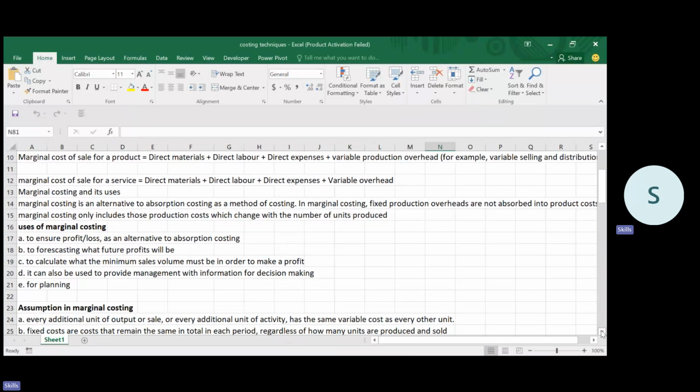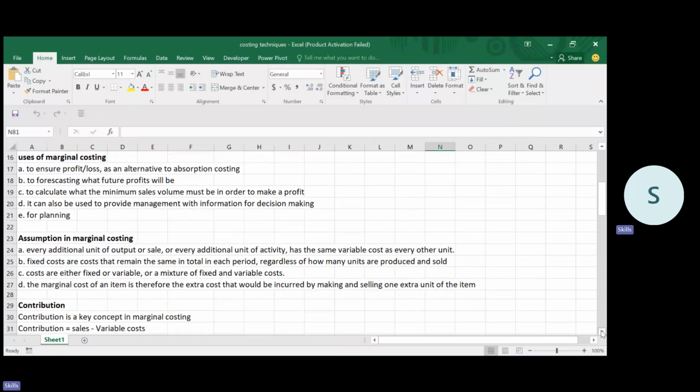Then assumption in marginal costing. Every additional unit of output or sale, or every additional unit of activity, has the same variable cost as every other unit.